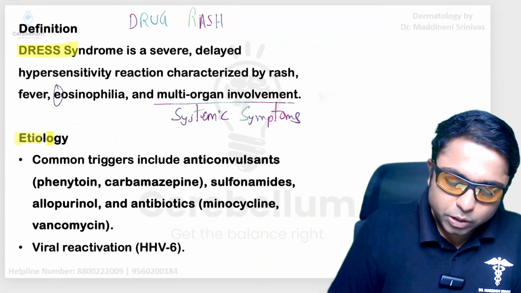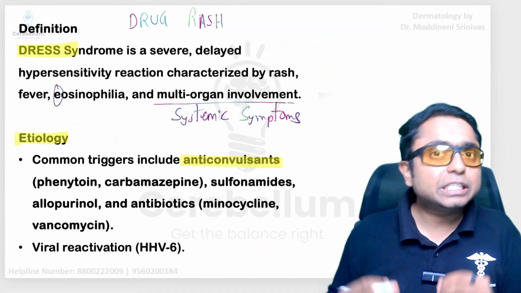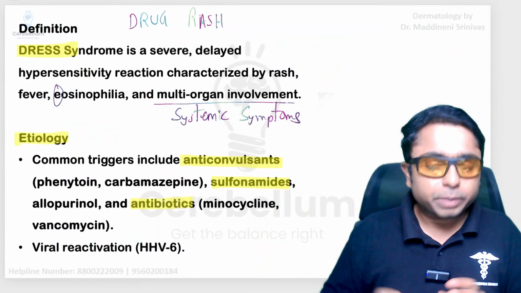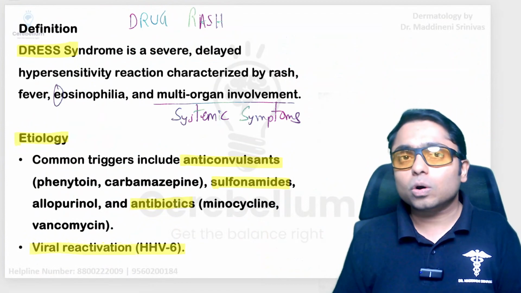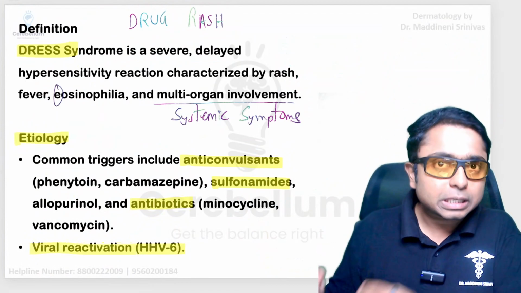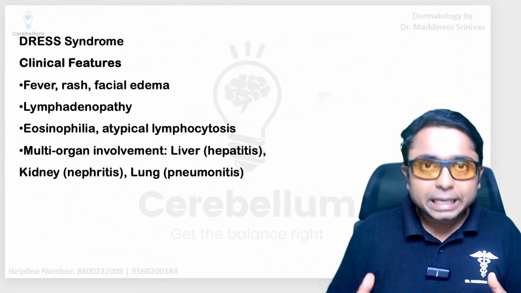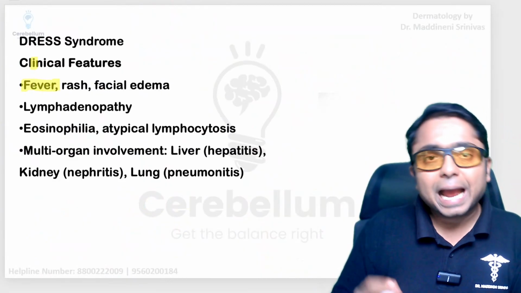So what is the etiology? It is a drug rash, so there will be a history of medications like anticonvulsants, sulfonamides, antibiotics, minocycline, vancomycin, and also remember there can be a viral cause. HHV6, human herpes virus 6, can also be one of the etiological agents. In the clinical features you have to remember that the patients can have fever, and of course rash will be there.